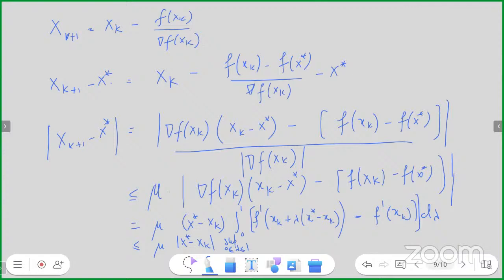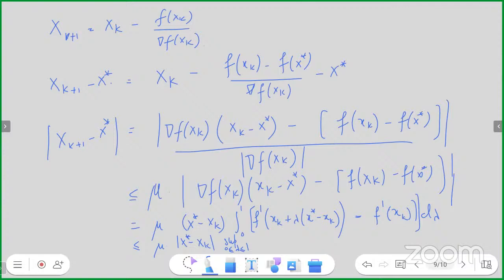This is nothing but f prime of something which belongs to S as long as xk belongs to S. See, x star by definition belongs to S. So as long as xk belongs to S, this is nothing but a linear combination, so it belongs to S. Xk by definition belongs to S. So my condition number 2 applies that no matter what x and y are, the difference is at most alpha by mu. So mu and mu will cancel, alpha is less than 1. So that is where it critically depends on where you start.